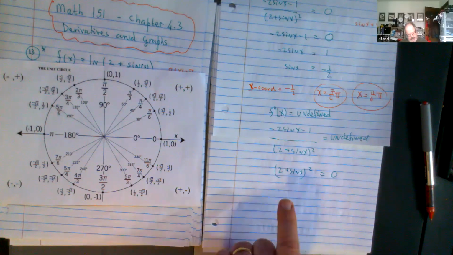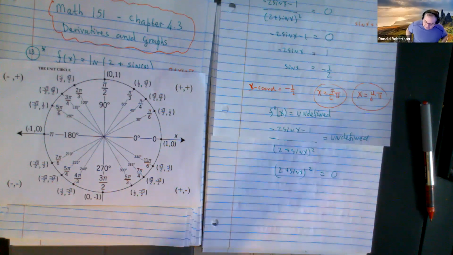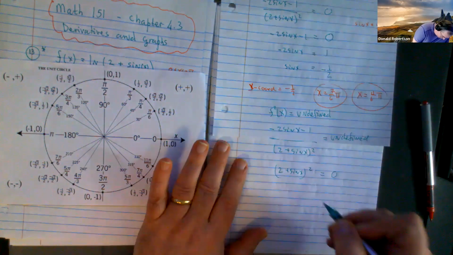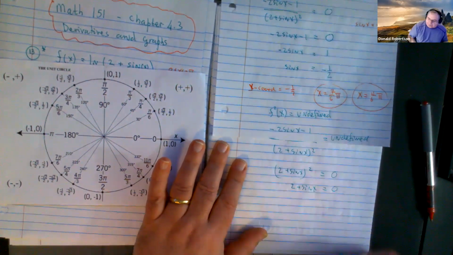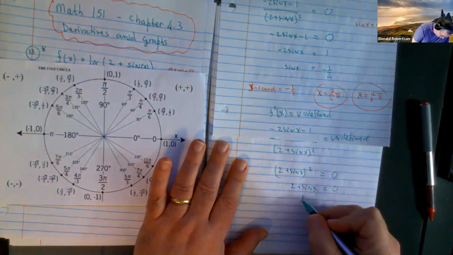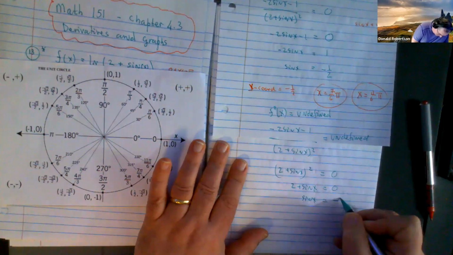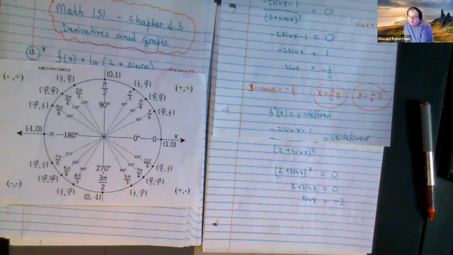Now, let's solve this one and then show you why you don't need to worry about it. If you take the square root of both sides, would you agree that 2 plus sine x has to be 0? And if you subtract 2 from both sides, you get that. Why does that not generate any answers? Why is there no angle where that's true?